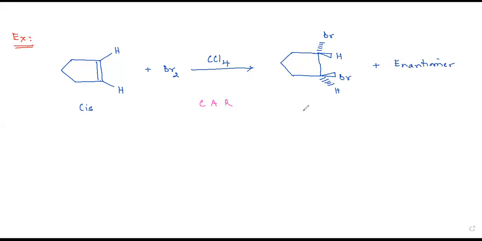Now, let me give you some clarity on this. See, because it is anti-addition, we can take it this way. One with wedge and another with a dash. Okay, look at this. Dash, then wedge.